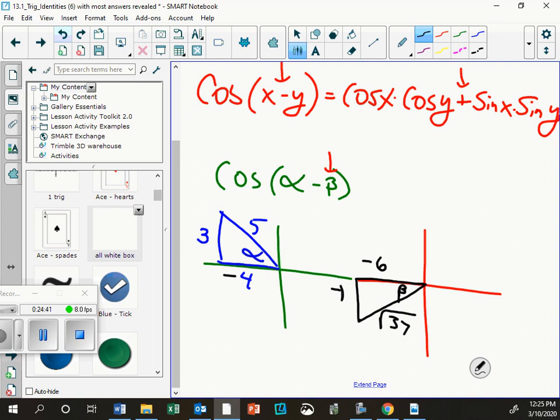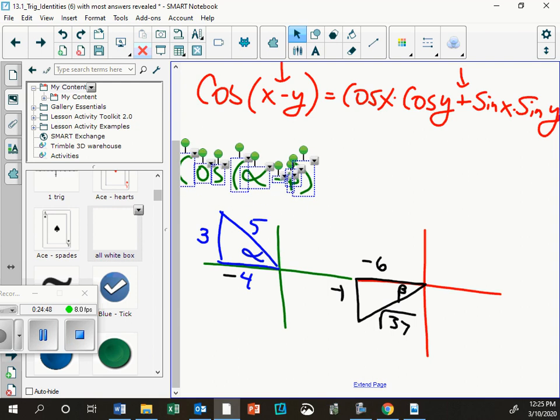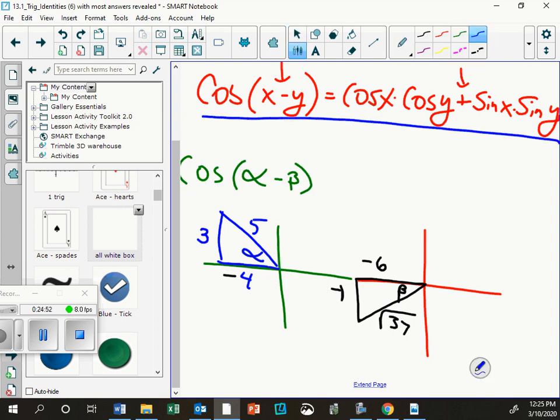Now, if your job is to figure out what is cosine of alpha minus beta, then you'd look on your sheet, and your sheet would say this, and you'd go, oh, so I just need to find cosine of alpha, cosine of beta, plus sine of alpha and sine of beta.